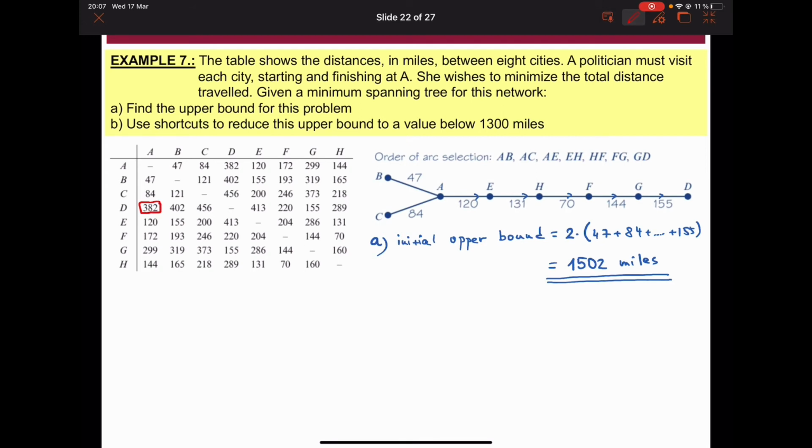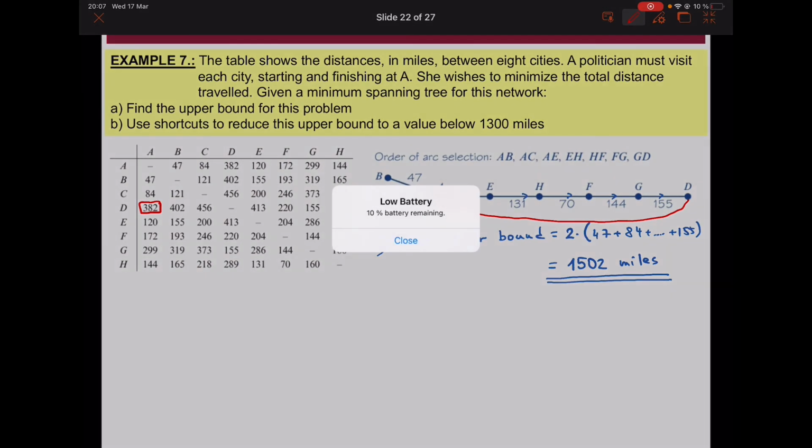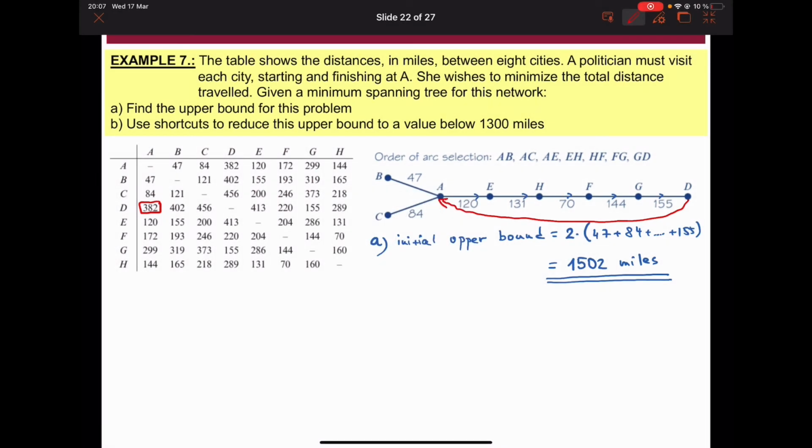Because there is an edge. So I could just go directly back to A. We don't know yet how much would I save, if this edge is shorter than the sum of the AE, EH, HF, and so on. But we can easily check, okay?